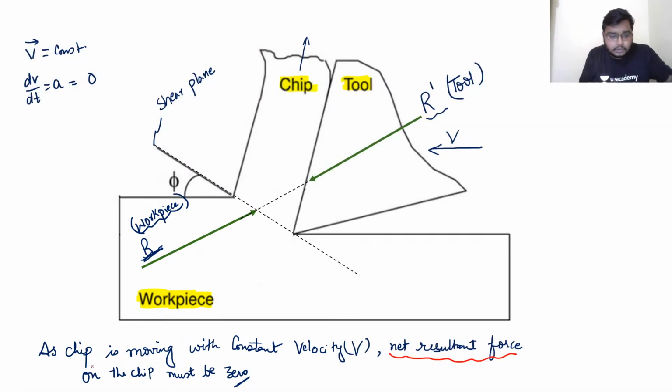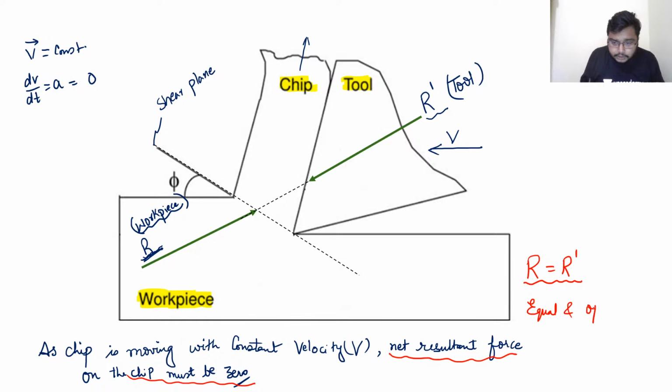So R is going to be equal to R dash. This is equal and opposite.